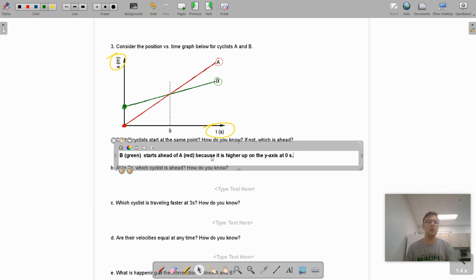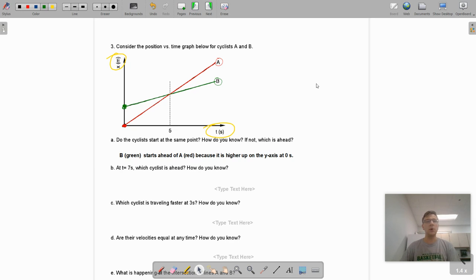Okay, so green starts ahead of red because it is higher up on the y-axis at 0 seconds. That's just an easy way to word that there. Okay, so now let's look at the next question.